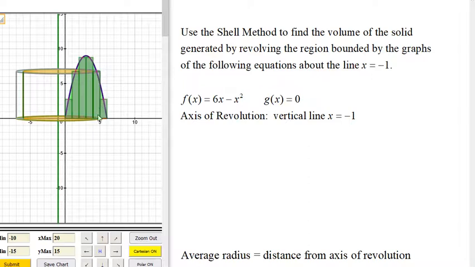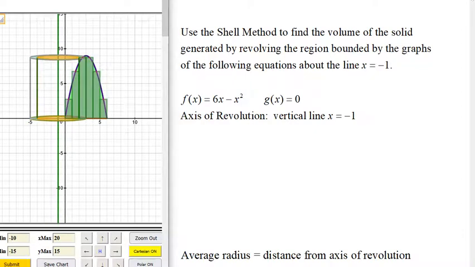And for this rectangle right here, the corresponding shell would look like this. So this shell would correspond to this rectangle. And then we have the other shells also.